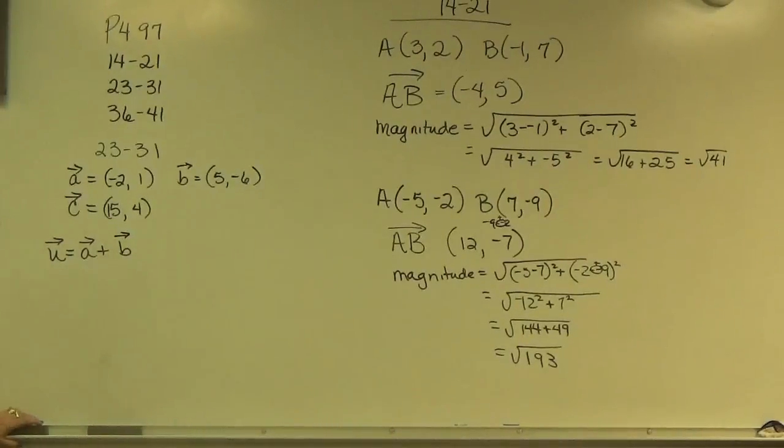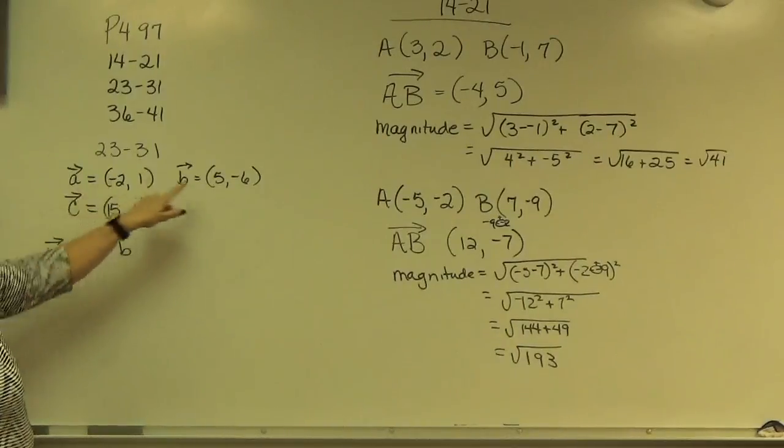Let's do an easy one. You're going to find vector u, which they ask you to find, they call it vector a. Mine's vector u. Okay, but it doesn't matter what variables you use in the problems. Everybody follow me there? I just use different things up here.